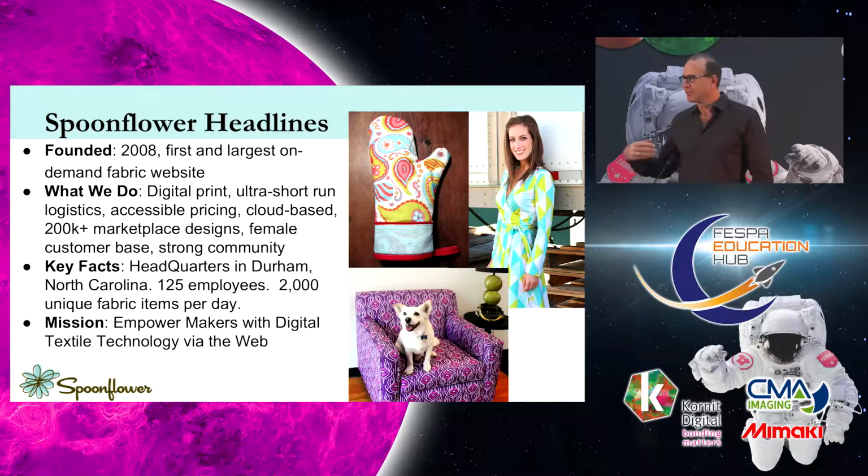So to follow me through the rest of this presentation, I'm going to ask you to make a few assumptions. The first one is that textiles as a medium are on a path to inevitably becoming mostly digital.